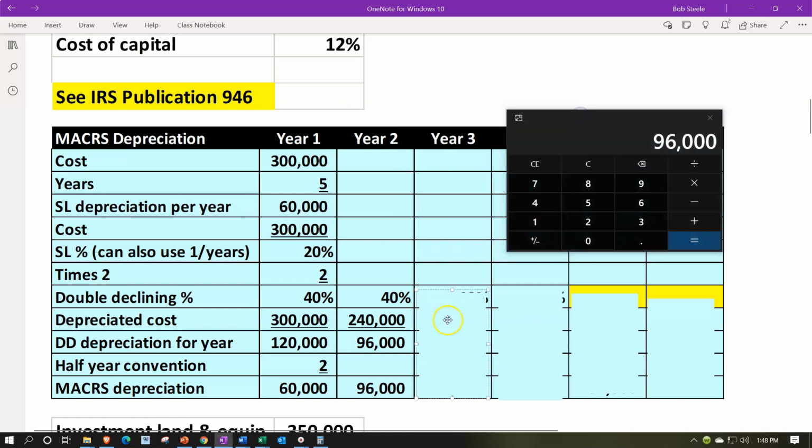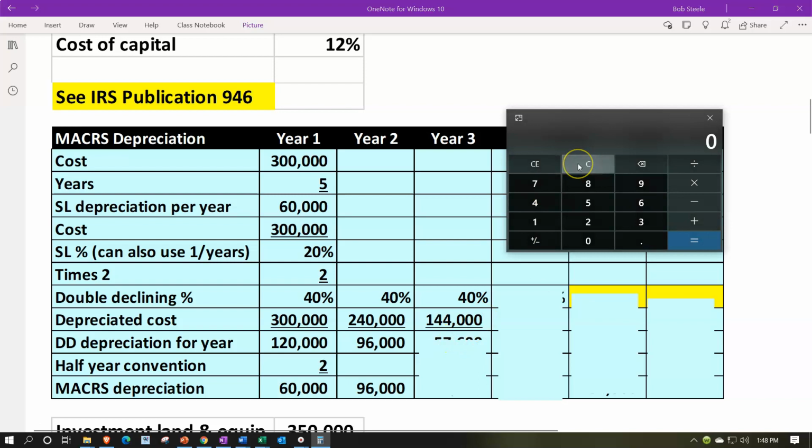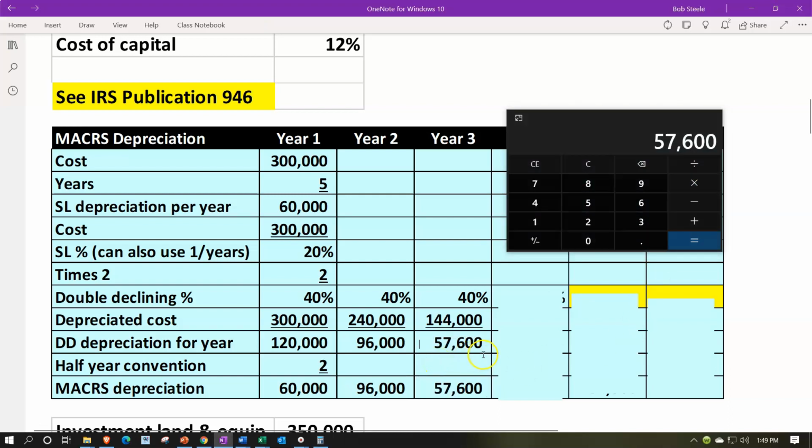Moving on then to year number 3, we've got the 40% times the 144, calculated as the last book value or depreciated cost, the 240 minus the depreciation of the 96. That gives us the 144,000 times the double declining rate of 0.4. That gives us our 57.6.